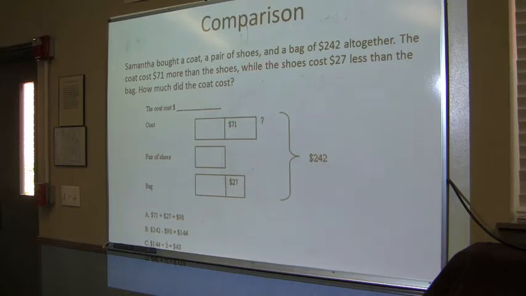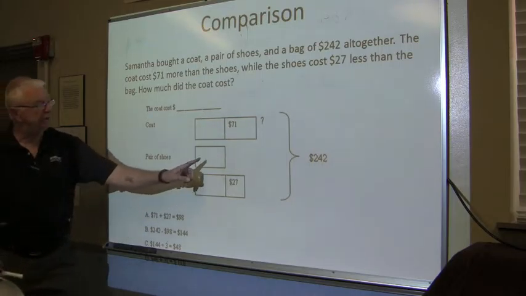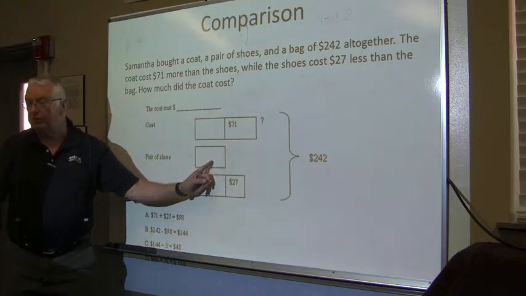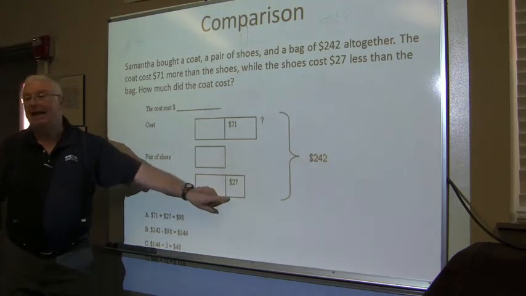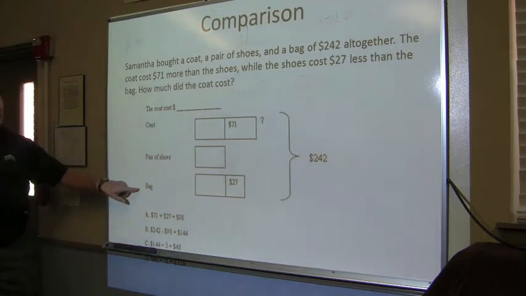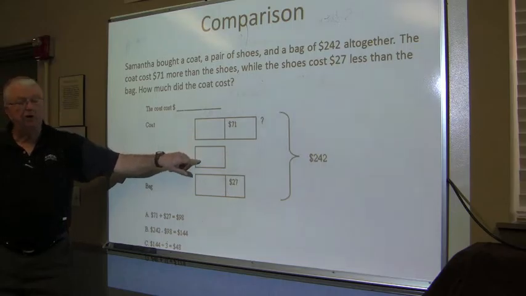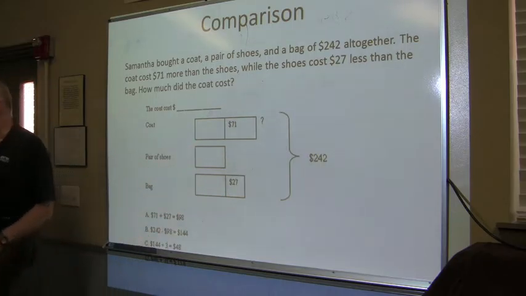The next phrase: while the shoes cost $27 less than the bag. You can work that in 2 different ways. You could start coming into the shoes here, $27, or you can add the $27 to the bag, which would be the same, and preserve your unit bars all being the same.